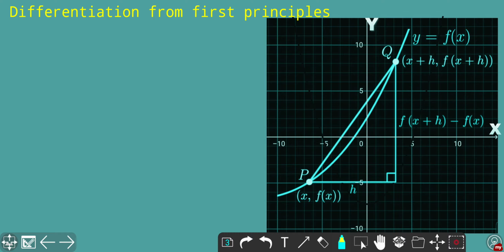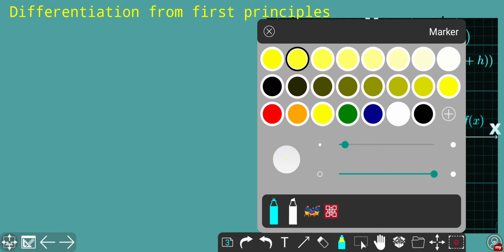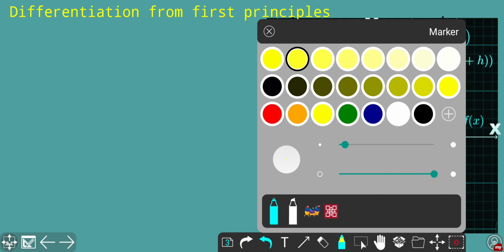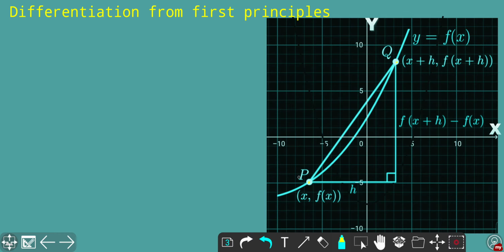All right, let's consider this picture. You have point P and point Q, and you see that we have the chord PQ. But in this case, I've set up general coordinates. P has the coordinates x, and to find the y coordinate, we simply need to put this x into the function. Your curve has the equation f(x).